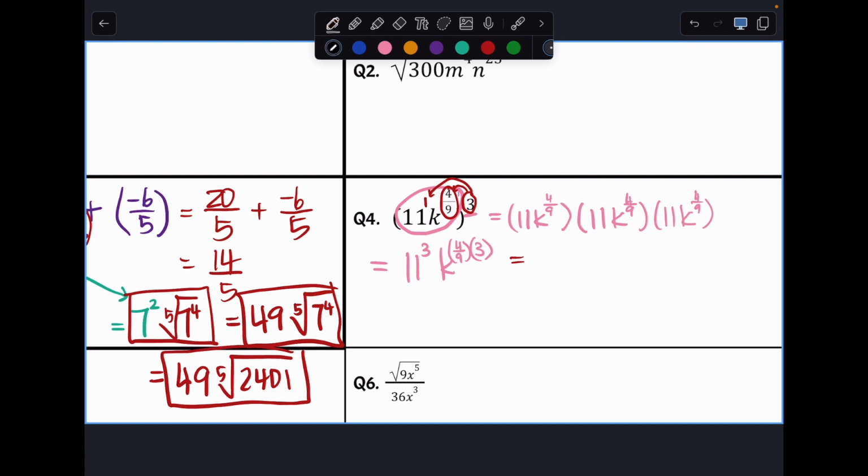So 11 to the 3rd power stays as it is, but this 4 over 9 times 3, what can I do to multiply those two? 4 over 9 times 3 over 1. Do not cross multiply. Cross simplify? Yes. So 3 over 9 becomes 1 over 3. Agreed?